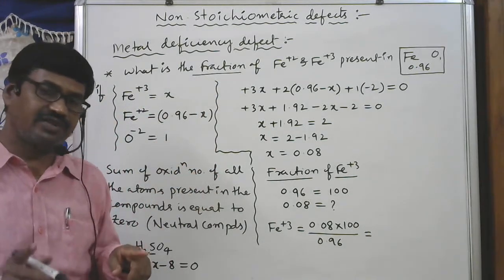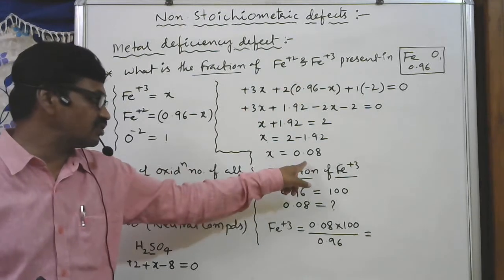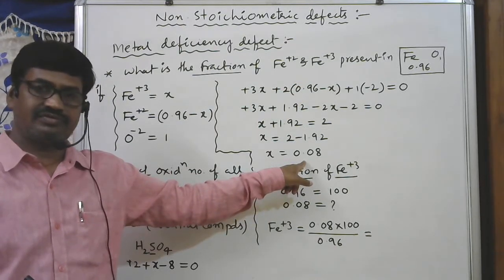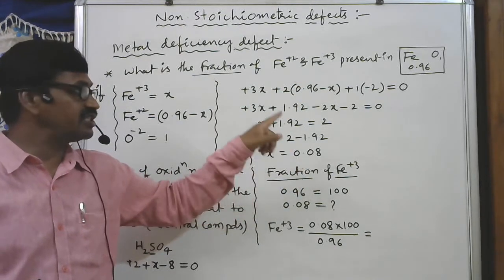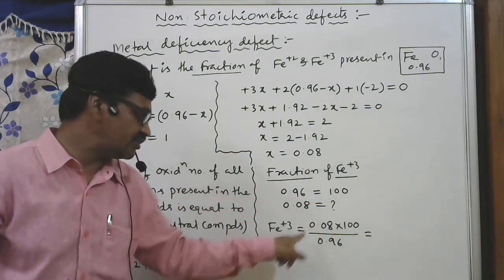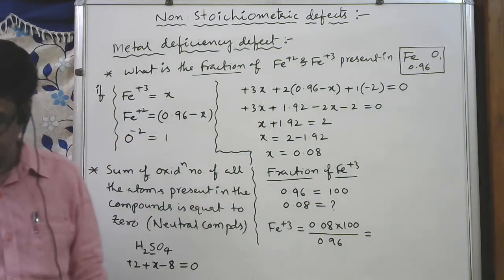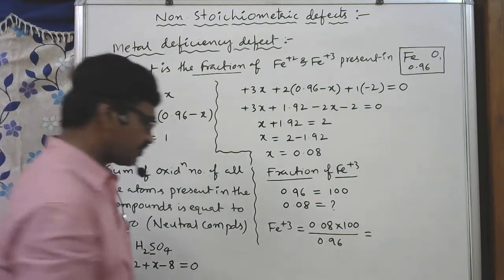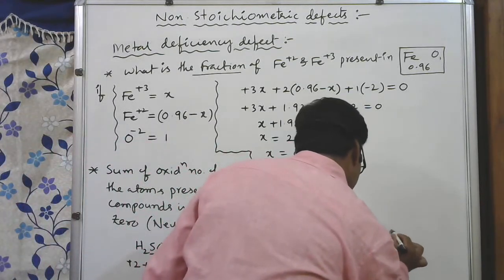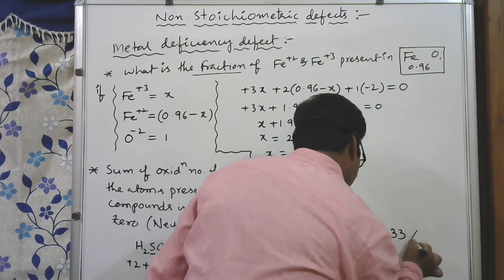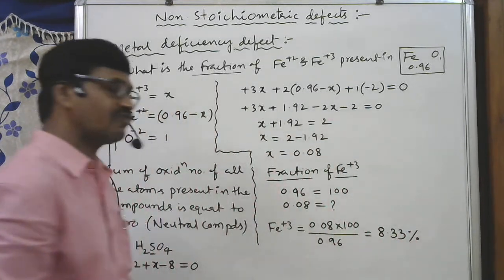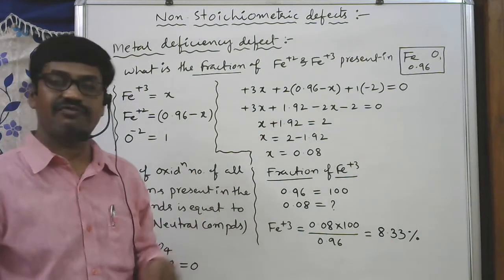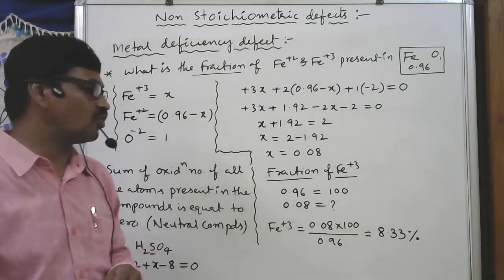If you consider it as 100, then you can get percentage. How much is it? 0.08 into 100 by 0.96, you got 8.33. 8.33 percent of Fe plus 3 ions are present in Fe 0.96 O.